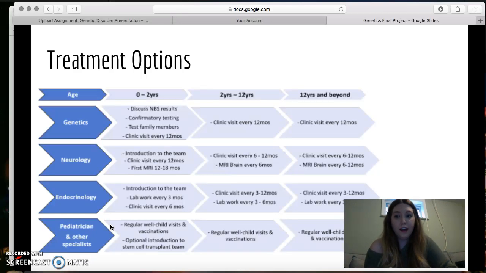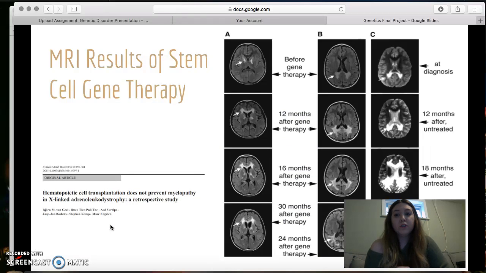So the next slide I have is MRI results of stem cell gene therapy. I researched both sides of this. One side was pro and one side was against this type of stem cell gene therapy. This article title says cell transplantation does not prevent myelopathy in X-linked adrenoleukodystrophy. That's a retrospective study.